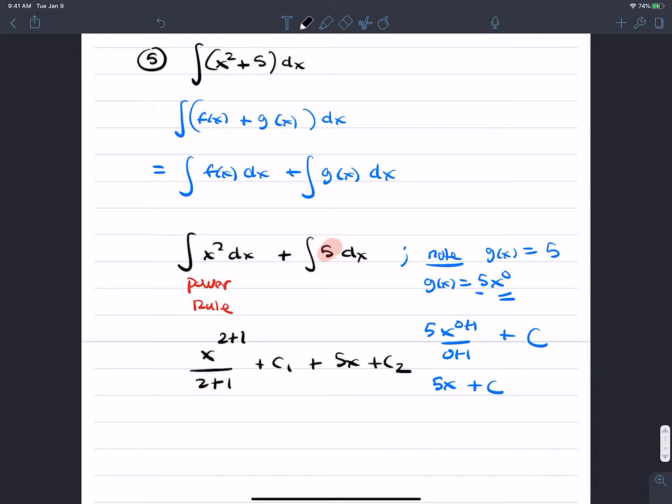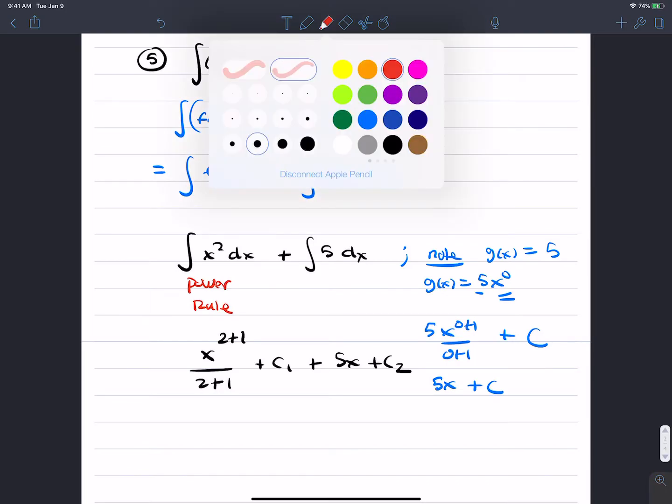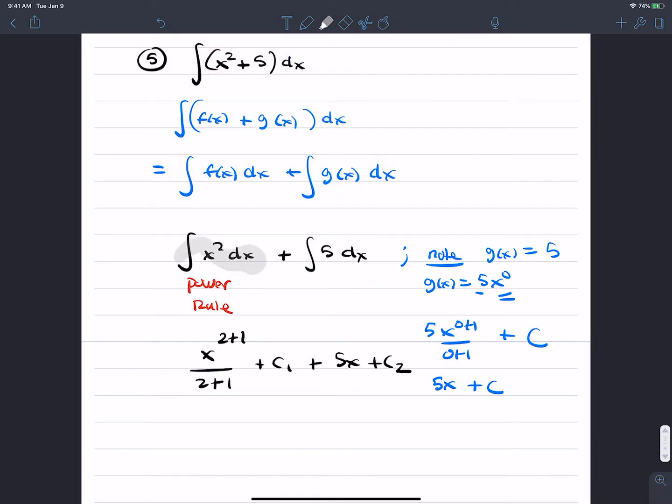So what you've done is you found antiderivatives for both of these functions. The integral of a sum is the sum of integrals. Let's go back. We found this antiderivative, and we found this antiderivative. Oh, we didn't finish this.